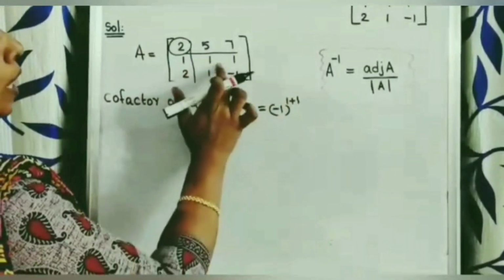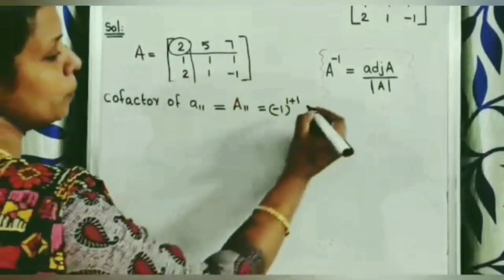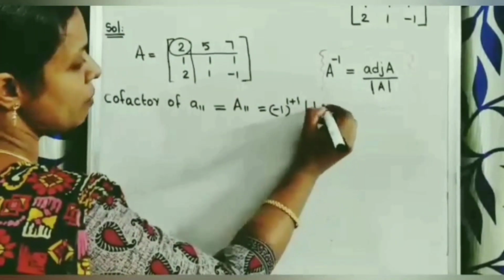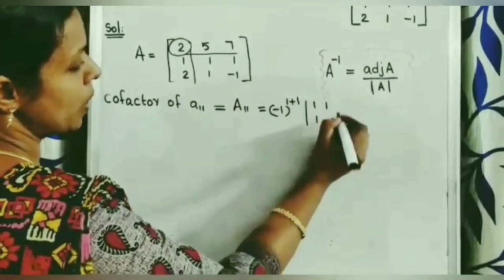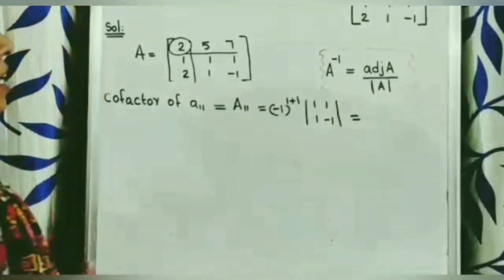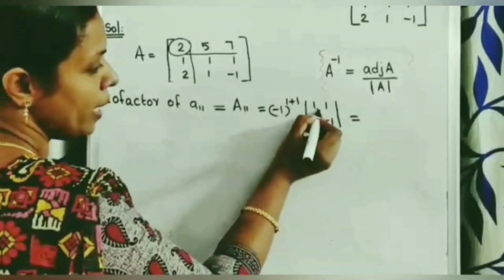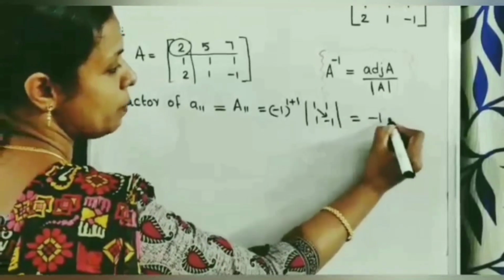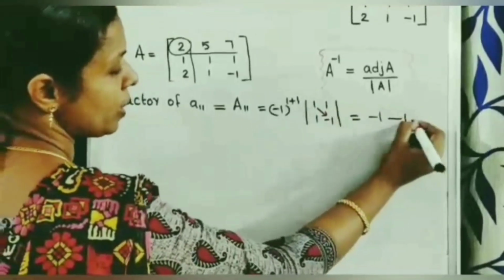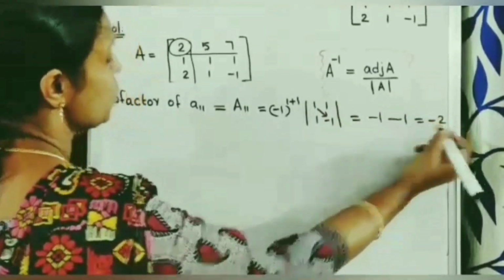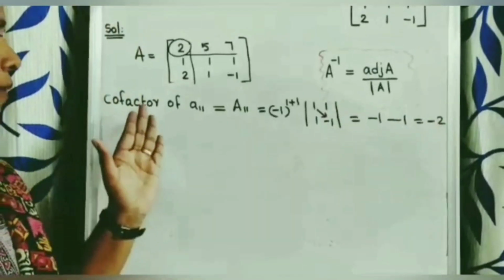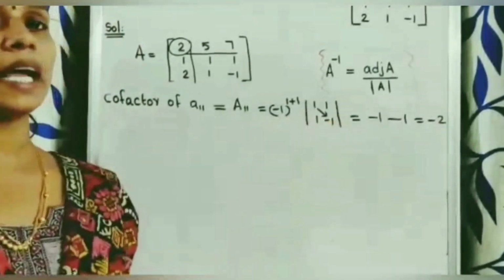We get 1, 1, 1 minus 1. Put in determinant. That is 1, 1, 1 minus 1. That is equal to. We can write negative 1 whole square is 1. Here 1 into minus 1 is minus 1 minus 1 into 1, 1. That is equal to minus 2. Now we get cofactor of A11 is equal to negative 2.